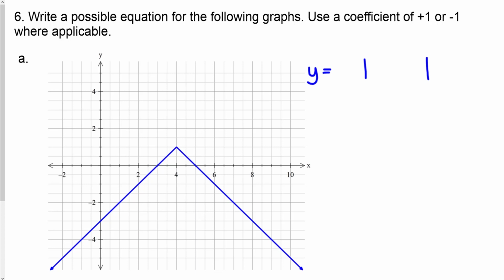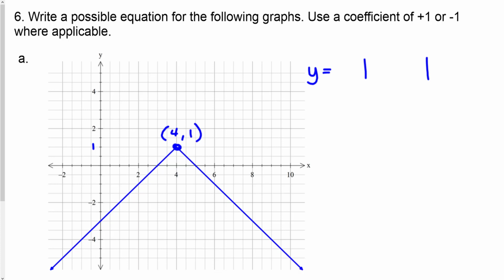Now, if you'll notice, the vertex here is shifted over 4 units to the right and 1 unit up. So the vertex is located at 4, 1. Be careful with the scale here. Each tick mark is only worth half of a unit, so just make sure you very clearly understand how the scale is working in your drawing.